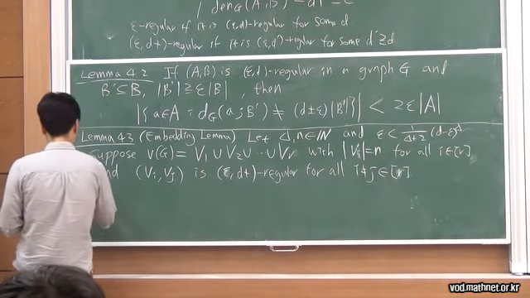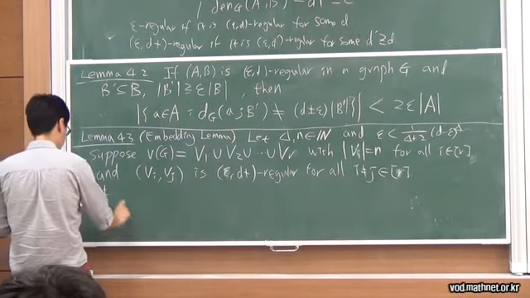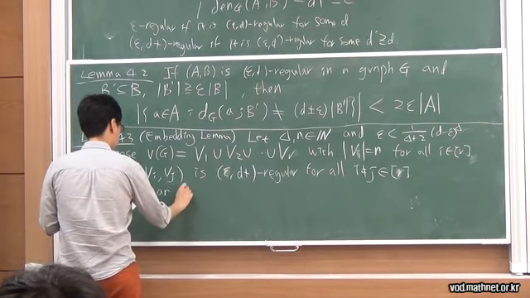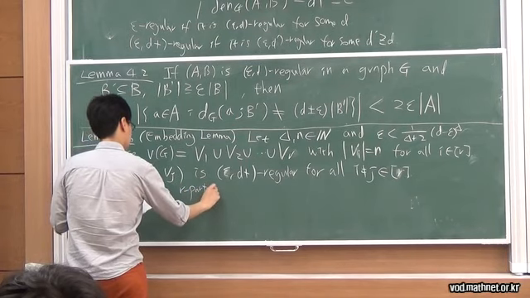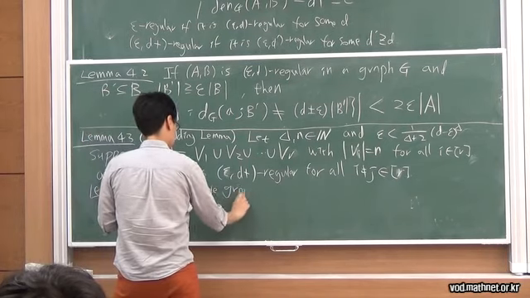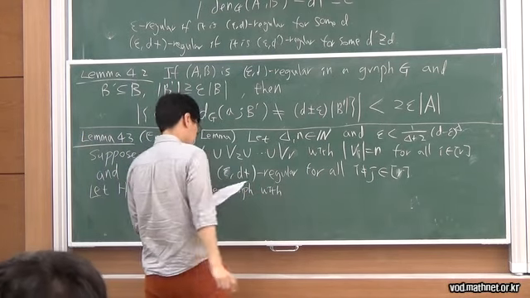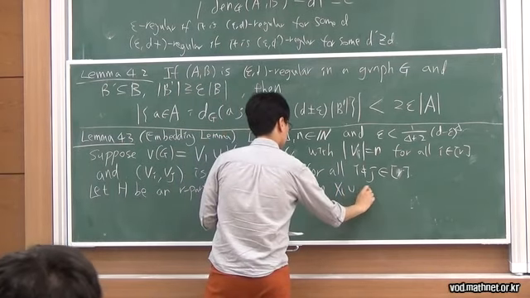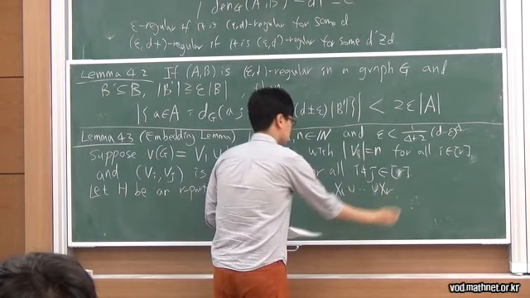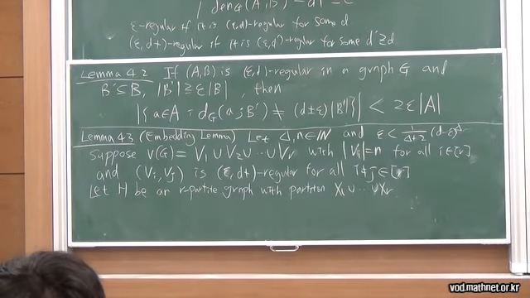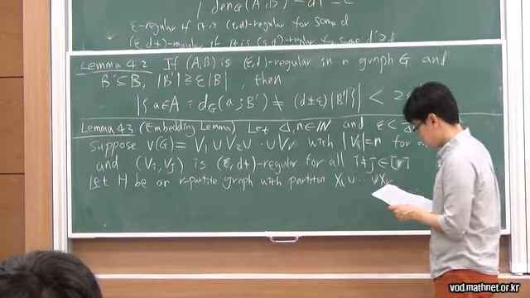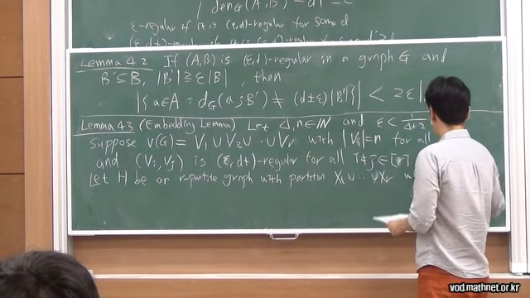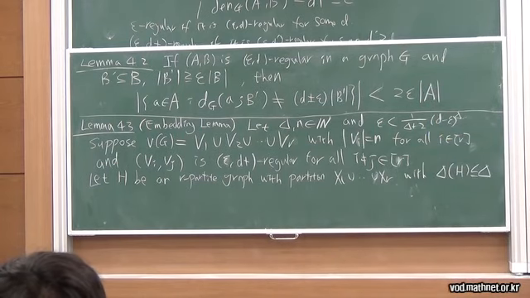And then H should be sparse and have a compatible structure. So H is an R-partite graph with partition X1 to Xr. This is an R-partite graph, and it has a partition into R independent sets. Say the maximum degree of H is bounded; we need this condition that H is sparse.